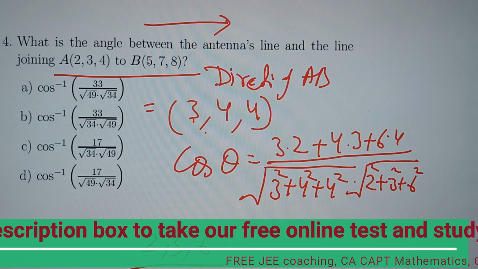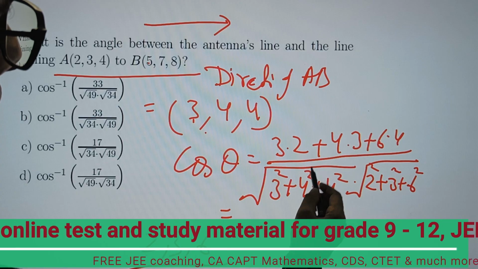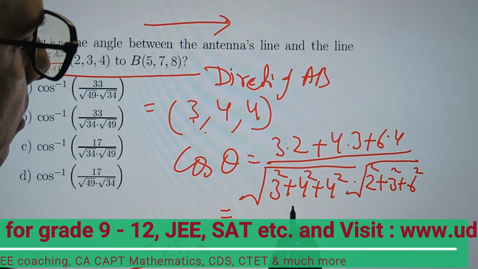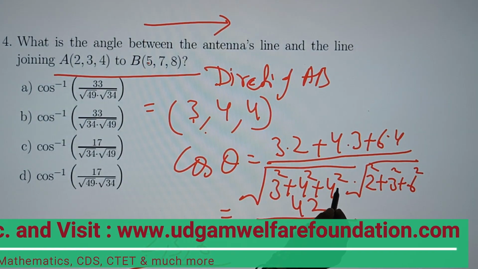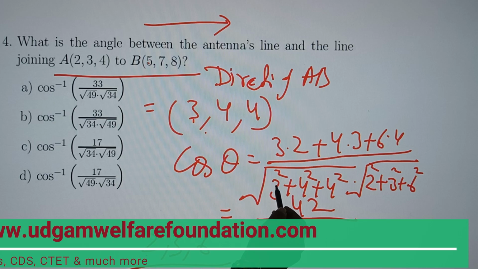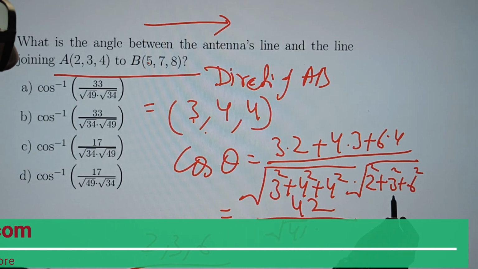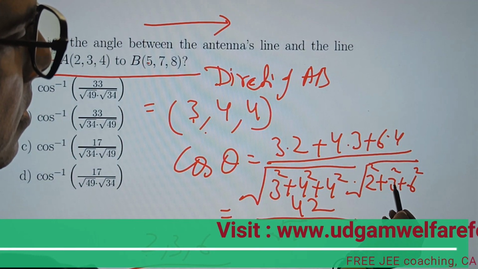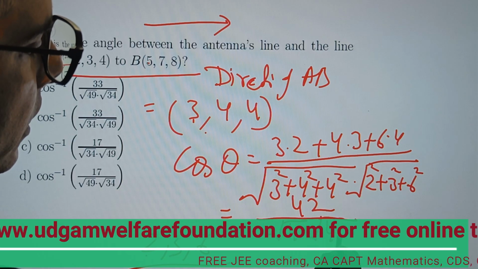Now we have to simplify it further. 3 times 2 is 6, plus 12 is 18, plus 24 is 42. Below, 16 plus 16 is 32, 32 plus 9 is 41, so root over 41. Into 6 square is 36, 3 square is 9, 36 plus 9 is 45, plus 4 square... root over 49 here.